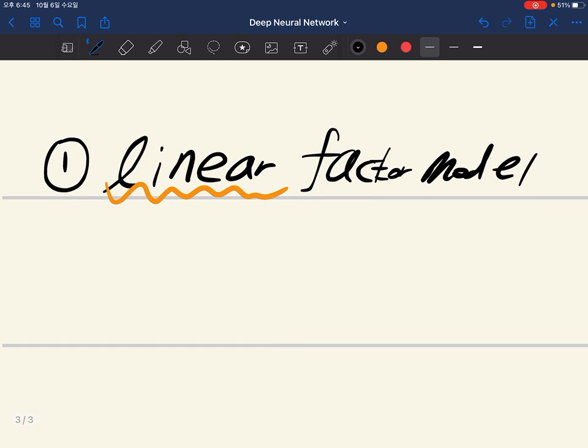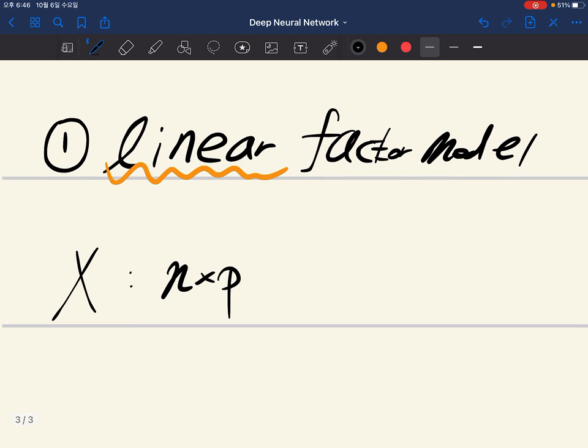So as we have seen in undergraduate level regression analysis class, capital X is usually used to express the design matrix of order n by p.